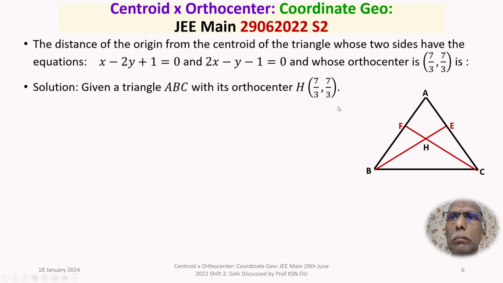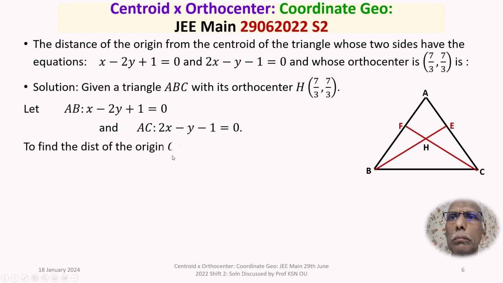Further, you are given the two sides of this triangle as x minus 2y plus 1 equals 0 and 2x minus y minus 1 equals 0. Let us suppose AB has the equation x minus 2y plus 1 equals 0 and AC has the equation 2x minus y minus 1 equals 0.